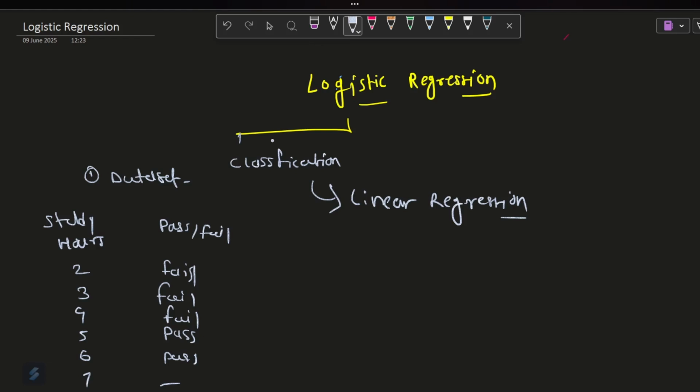So this is a classification problem, and this is a binary classification. Try to understand one thing in binary classification.